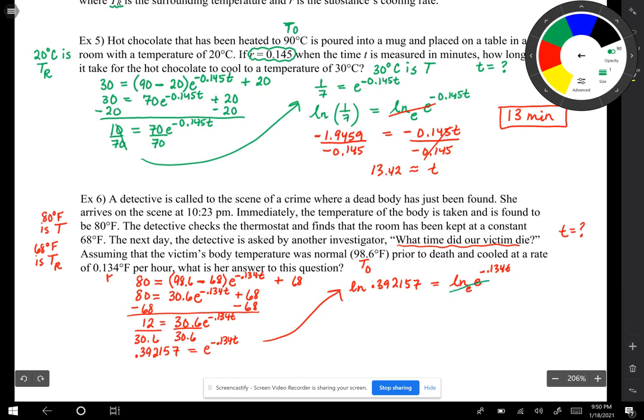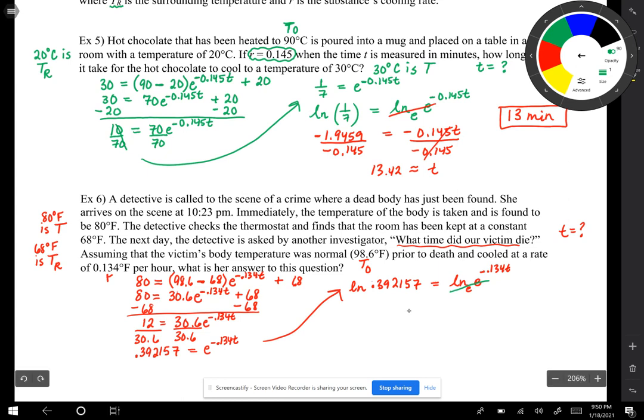Okay. And the other stuff, the stuff on the left side, I'm going to put in a calculator. I'm just using my phone right now, and I'm going to enter 0.392157, and then I'm going to hit the LN button. Remember, landscape, third row, fifth button is LN, and I get negative 0.9360.